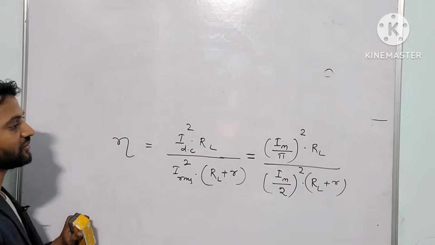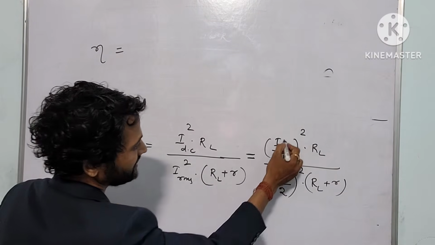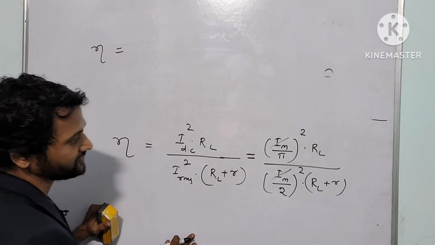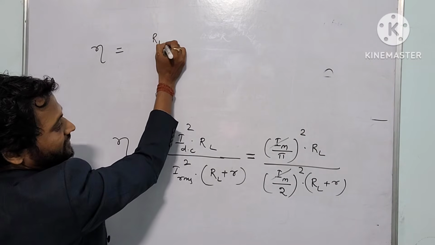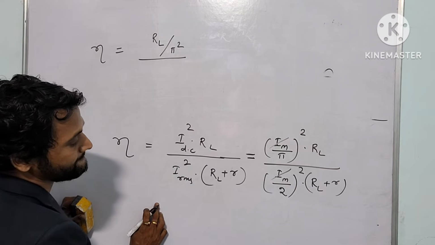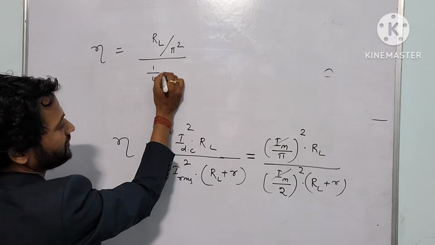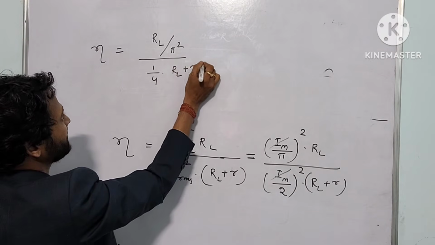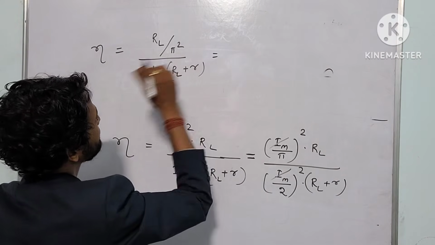Okay, so here IM square will be cancelled, right? So your answer will be RL by pi square divided by 1 by 4 into RL plus small r.